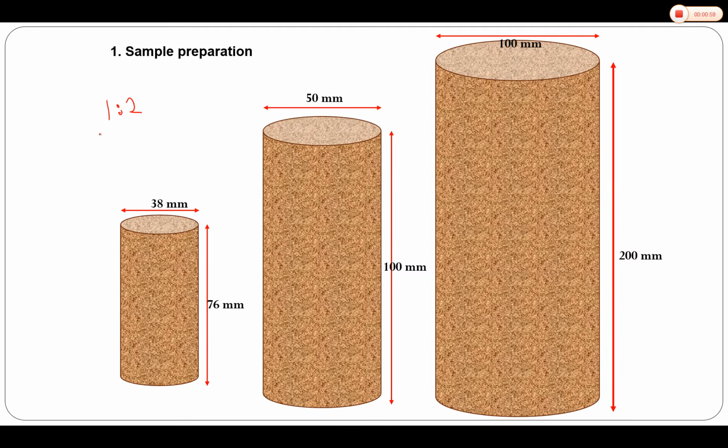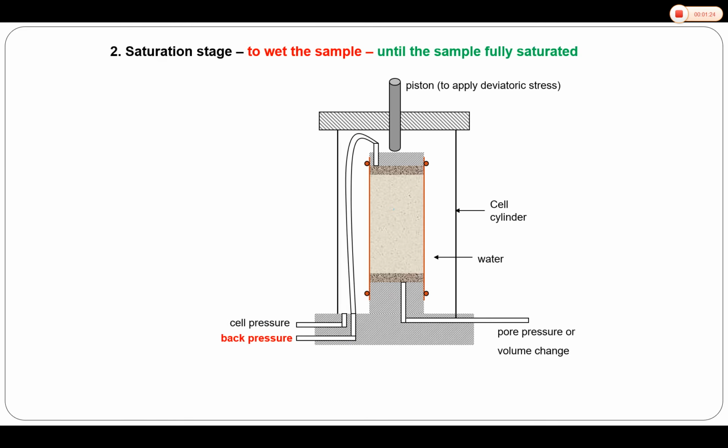Okay, so 1 size of the diameter to 2 size of the length. For example, we have 38 mm diameter, so we should have the length of the sample 76 mm. So we can have 50 and 100, and also 100 and 200. But the commonly used sample size is 38 mm with 76 mm length of sample.